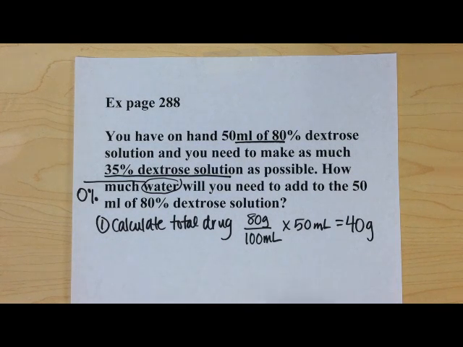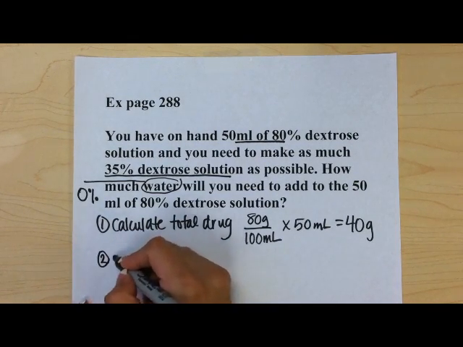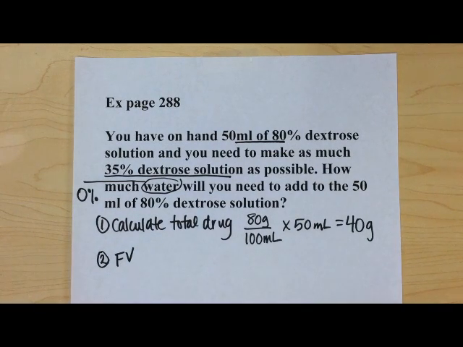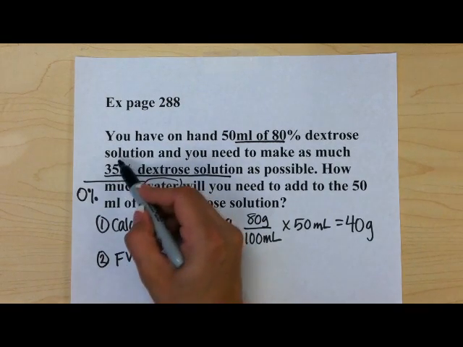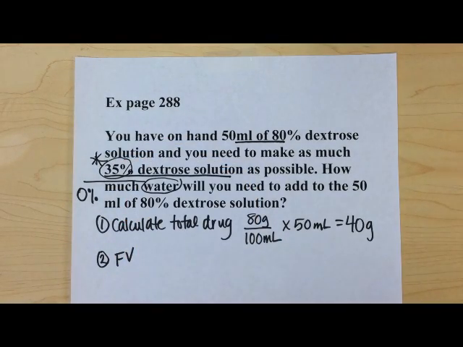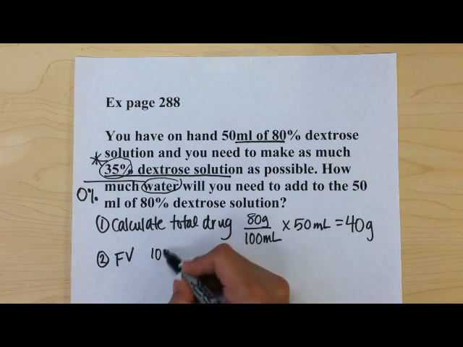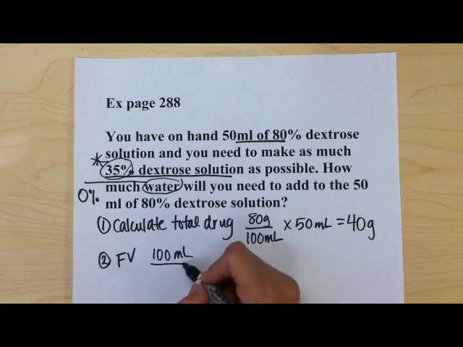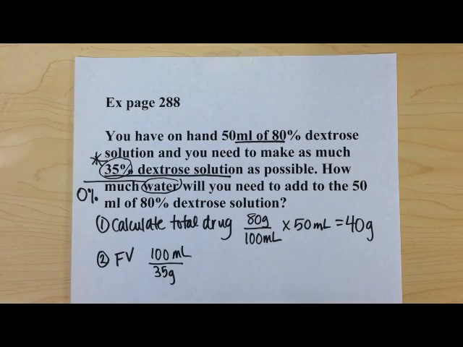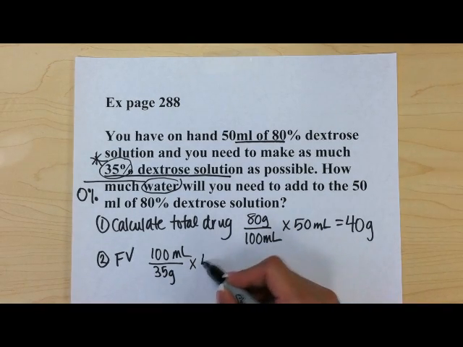Now I'm going to calculate what is the final volume or the total volume that I have present here. Well, I'm going to use this here because this is going to be my end product. So I'm going to have 100 mils over 35 grams, but what I have is 40 grams.